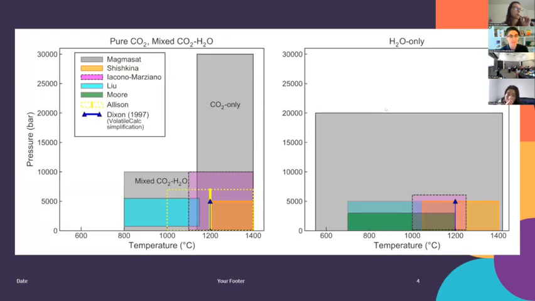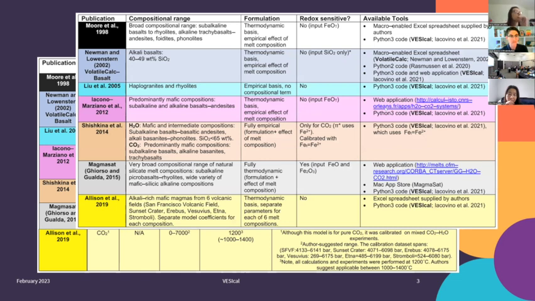This is a further example, actually some figures from Penny's first author paper, VESIcal Part 2, showing all of the different little idiosyncrasies within any of these models. Some, like MagmaSat, have a very broad compositional range and are fully thermodynamic.